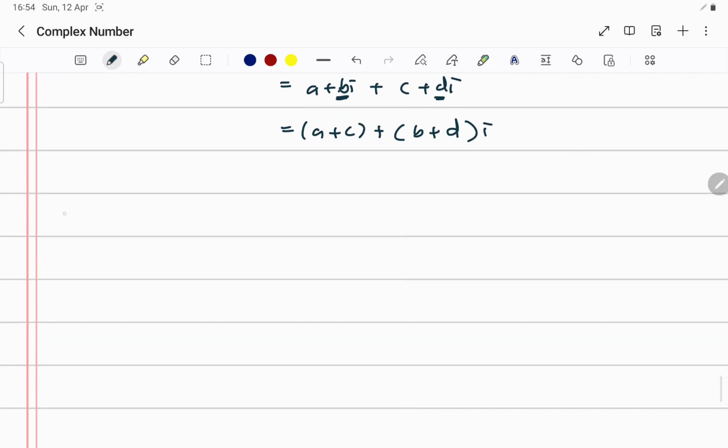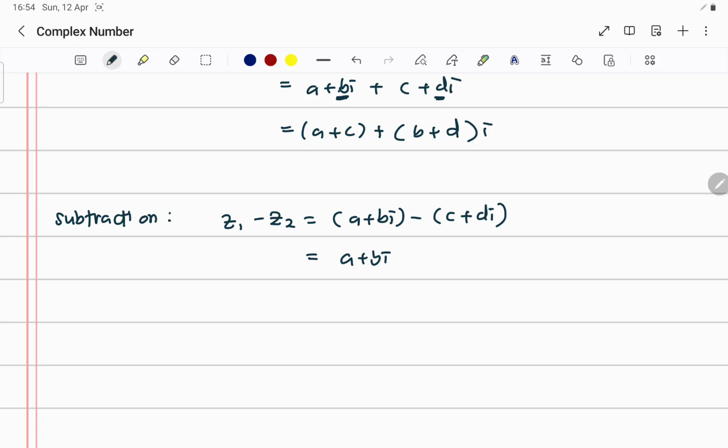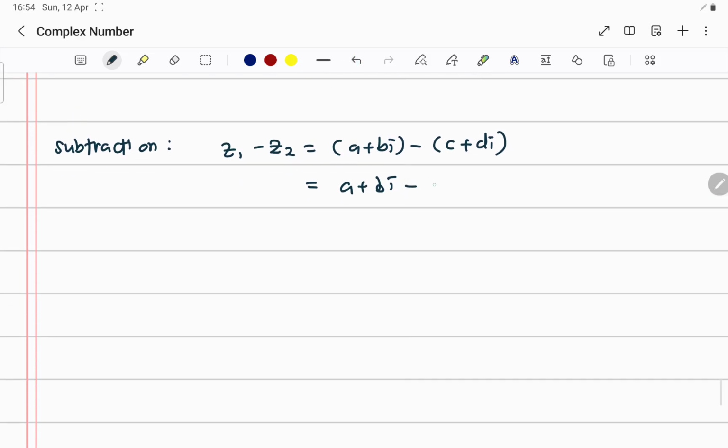Subtraction is also similar. So let's say you want to do Z1 minus Z2. So by right, your Z1 is A plus BI minus C plus DI. So here you just maintain A plus BI, oh sorry, my writing is very bad right now, minus C minus DI.